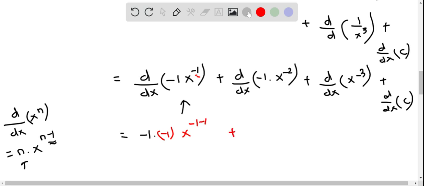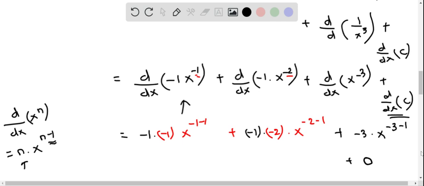And similarly, I differentiate the second term. I already have negative 1, and then here I have negative 2. So I put the negative 2 in front and reduce the power by 1. This becomes minus 2 minus 1. And similarly, I can do it for the next term. So this becomes minus 3 times x raised to the power of minus 3 minus 1. Plus the differentiation of this constant is 0.